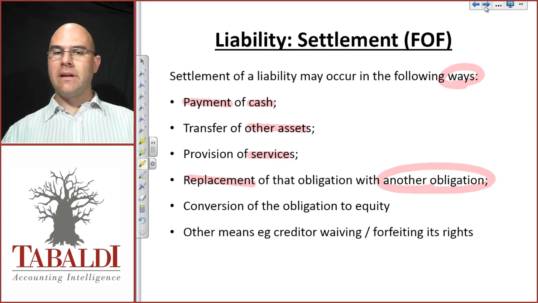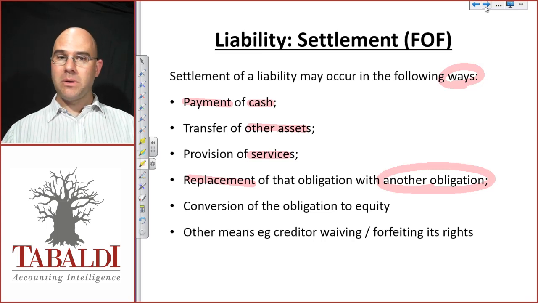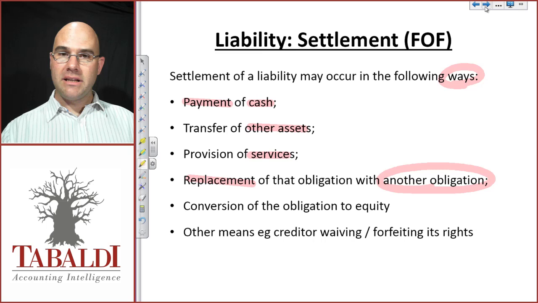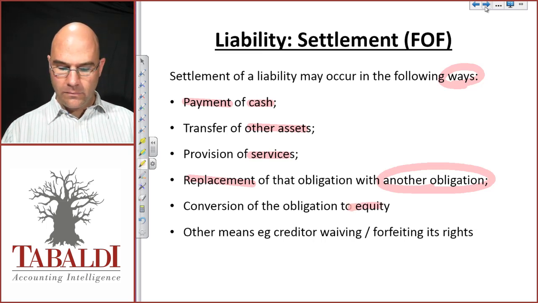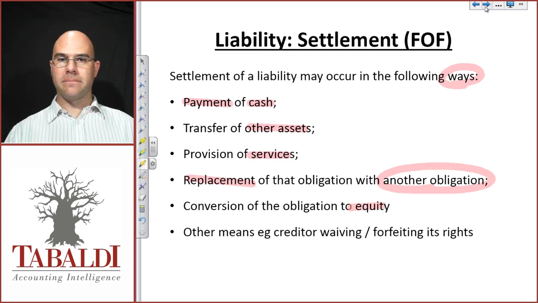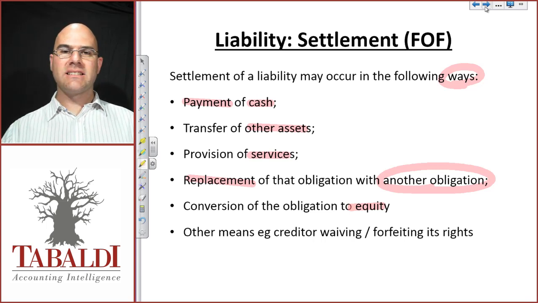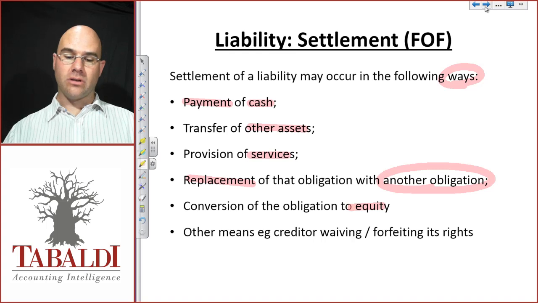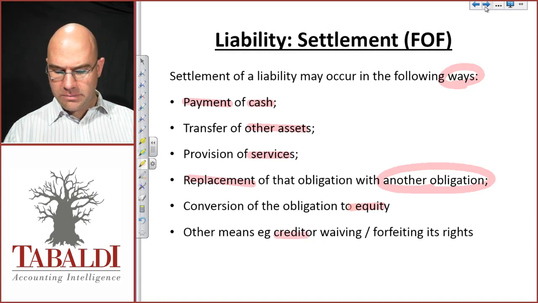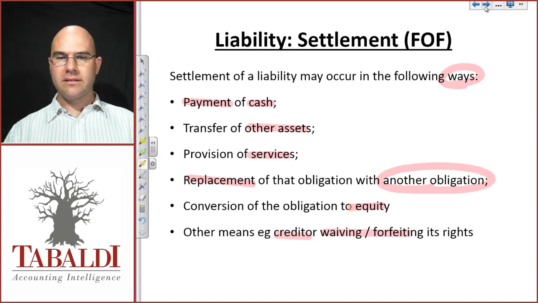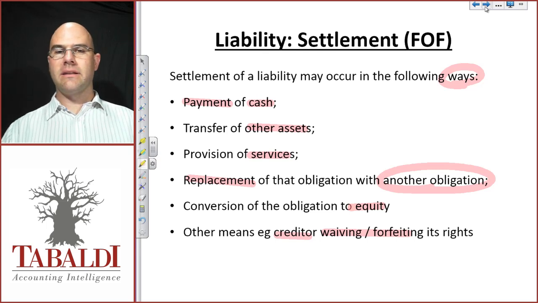If we don't have any of those means available, sometimes we may settle our liability or extinguish the liability by converting it to equity. Multiple other less used extinguishment options are available. For instance, creditors may waive or forfeit their rights to the money that they are owed.